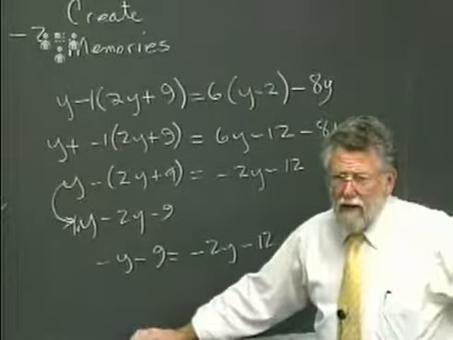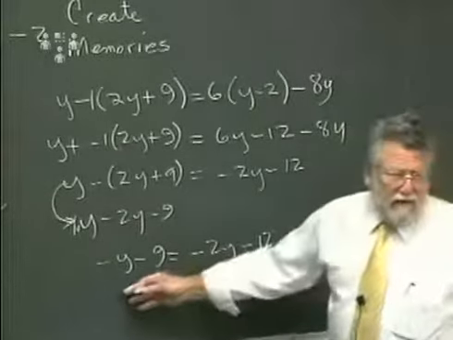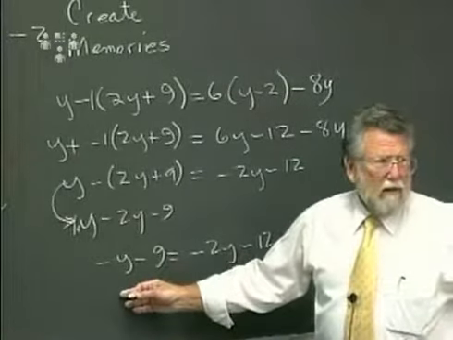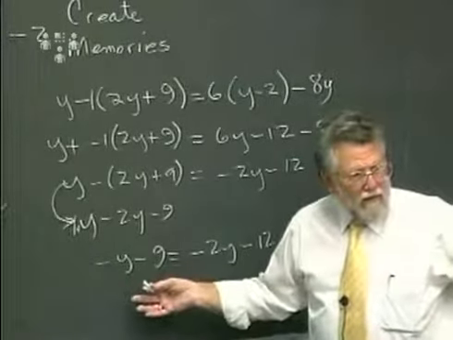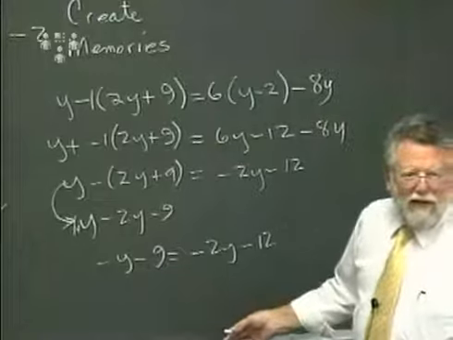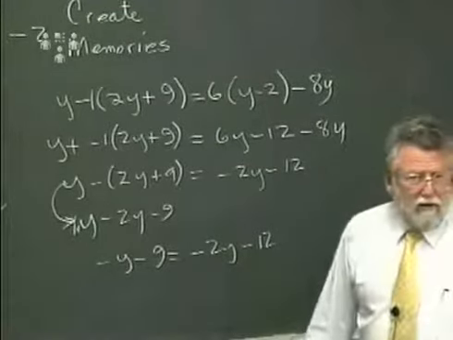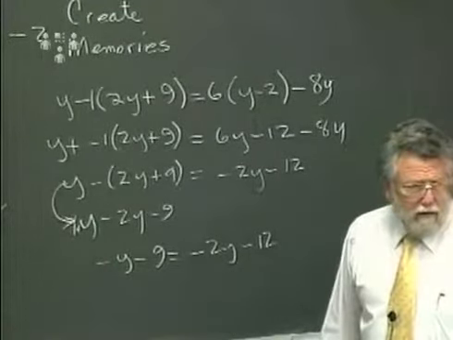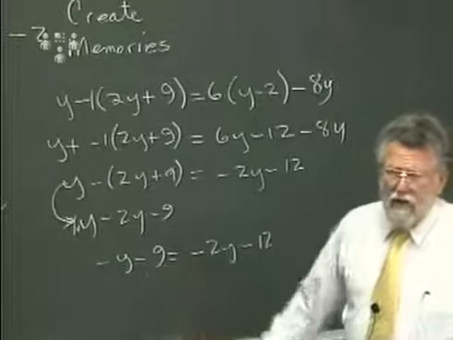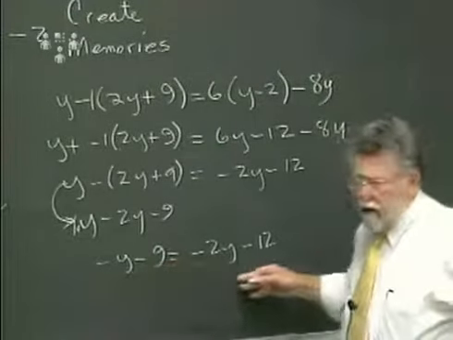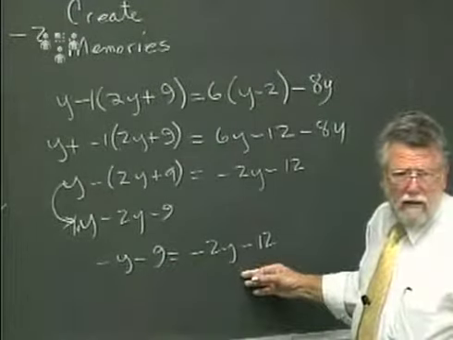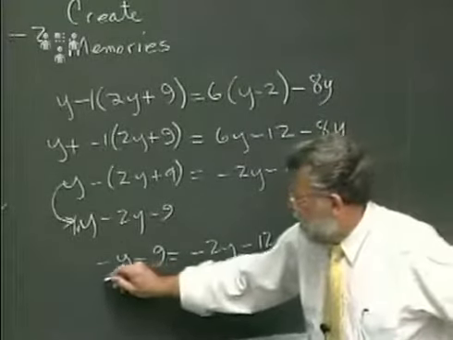Now, we want y's on the left, the variable on the left for Marisol. And so I'm going to add what to both sides? 2y. So if I add 2y to both sides, I could write the 2y underneath each part. You might prefer that.